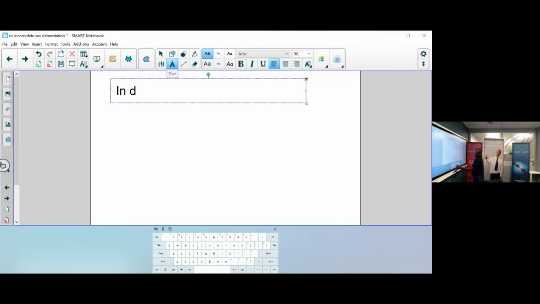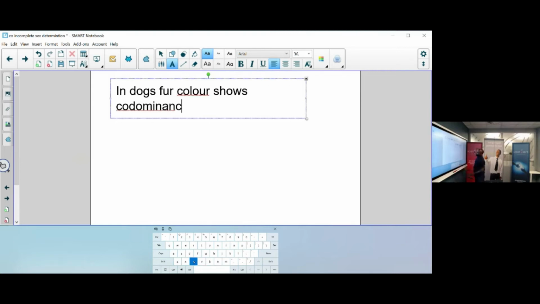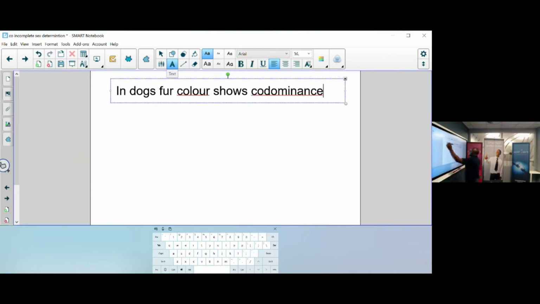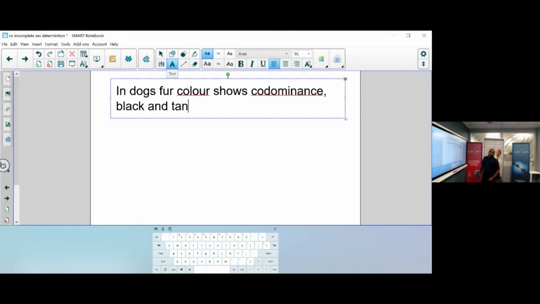In dogs, fur color shows codominance. Black and tan. Those are my colors.